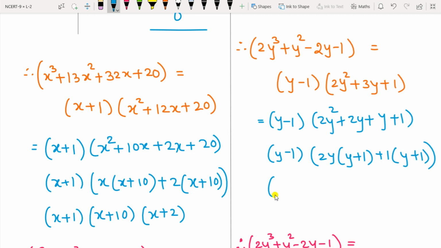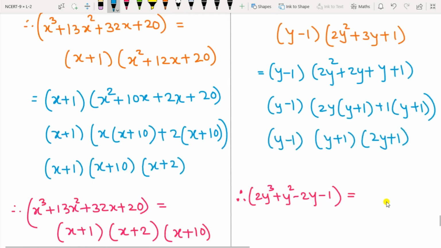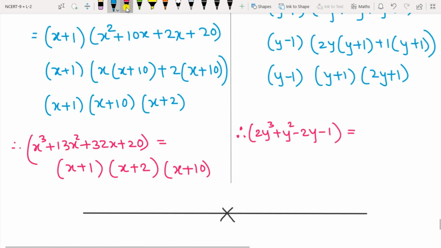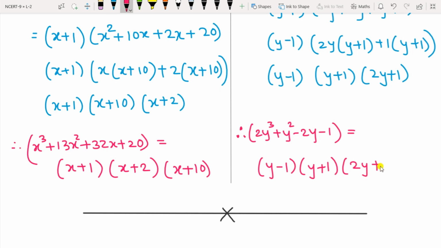So this is y minus 1, y plus 1, 2y plus 1. Okay, so these are the factors of this polynomial, that is y minus 1, y plus 1 and 2y plus 1. Okay, so this was the last question.